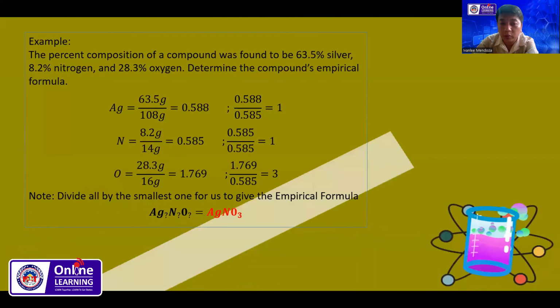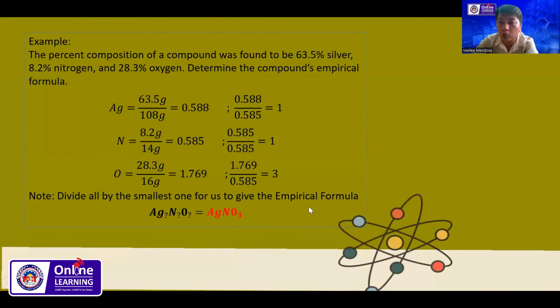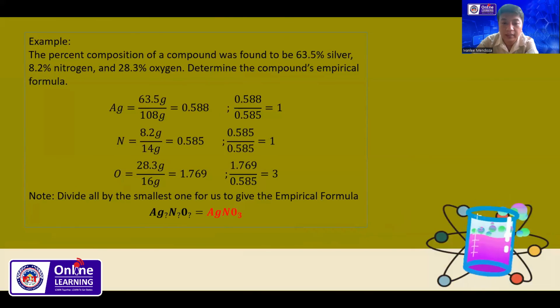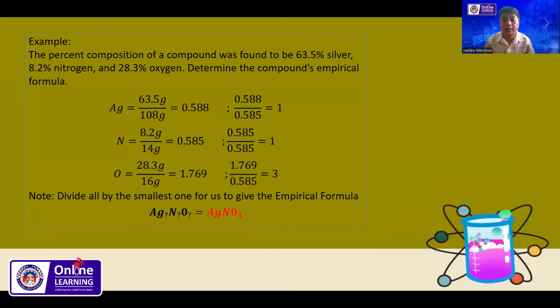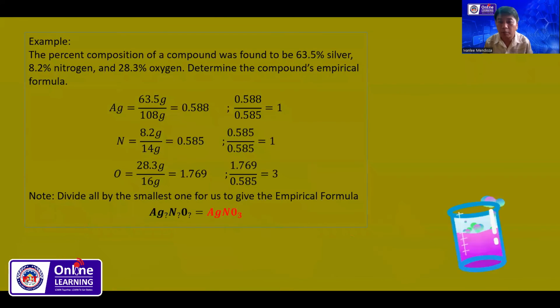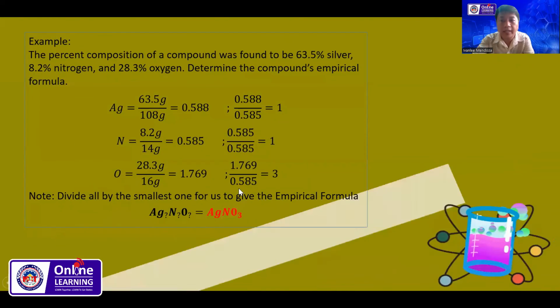For the nitrogen, we have N. And for oxygen, we have O. But take a look at the oxygen, we have the value 3. So the answer is AgNO3. So meaning the answer for this problem is AgNO3. That is the compound's empirical formula for this problem. Okay, so that is the final answer.